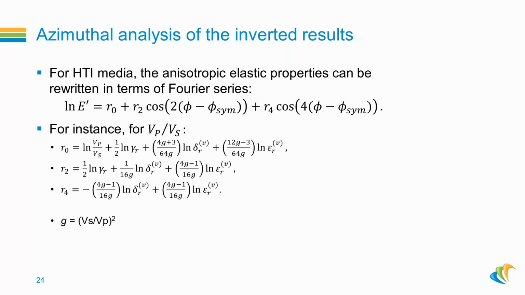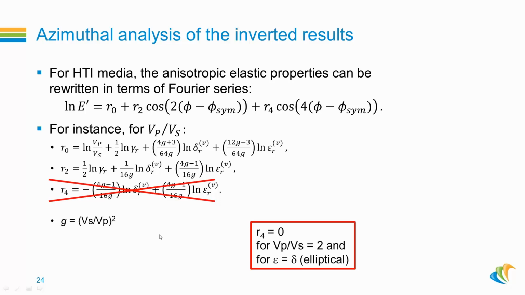That means your Vs over Vp squared is a quarter, and the R4 term becomes 0. So for VP/VS of 2, R4 is 0. Also, for elliptical anisotropy, where your delta and your epsilon are equal, these two terms cancel out as well. So the fourth Fourier term, R4, is 0, or close to 0, if your VP/VS is close to 2 or if you have elliptical anisotropy. This is important information if you're analyzing your background medium. For your VP/VS you can usually concentrate just on the first Fourier term.